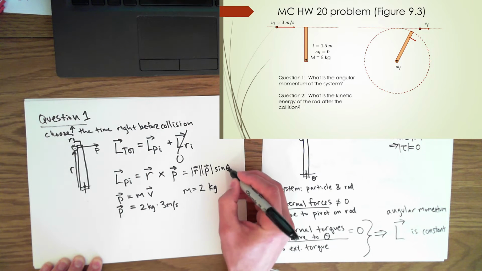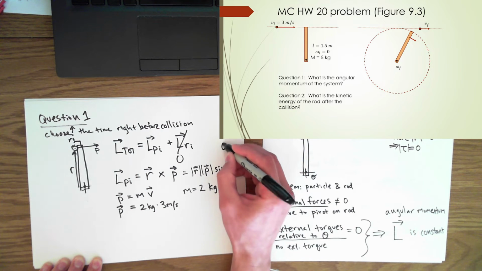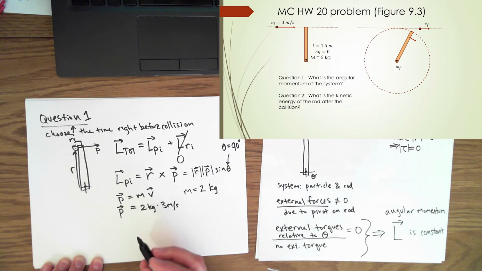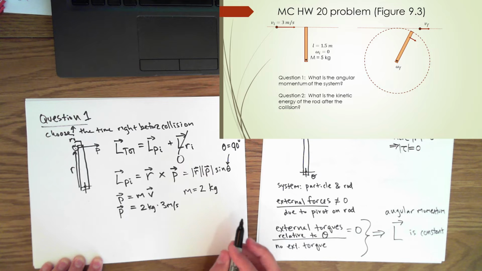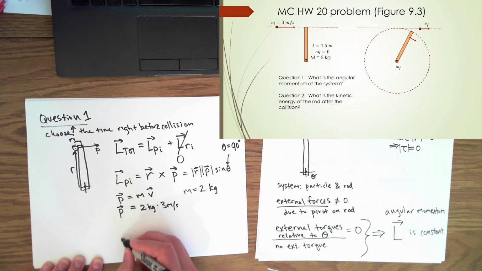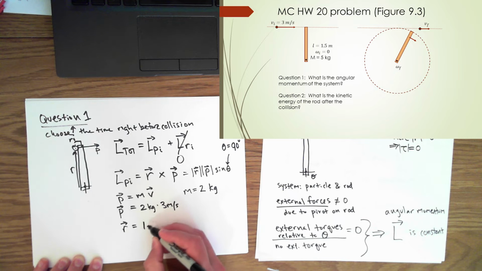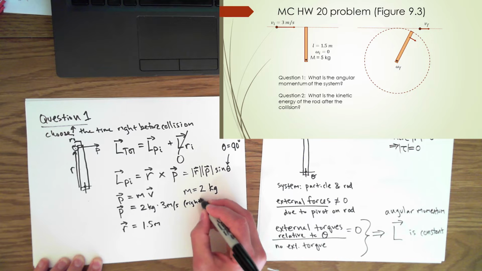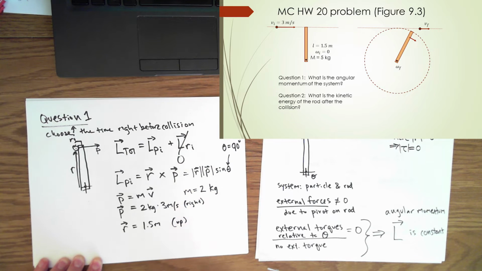So this is sine of 90 degrees in this problem, and sine of 90 is 1. And r equals 1.5 meters. This is to the right, this is up. I didn't draw x, y coordinate systems here, but those are the directions of these vectors.